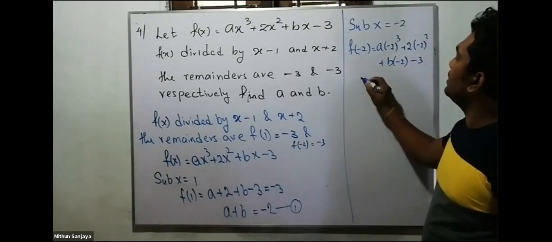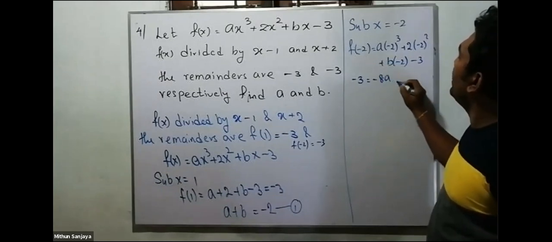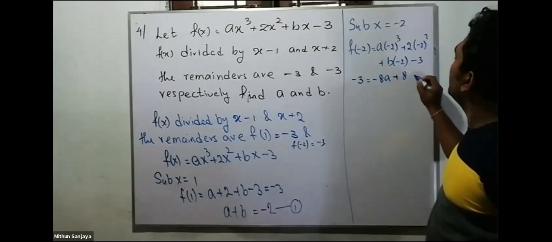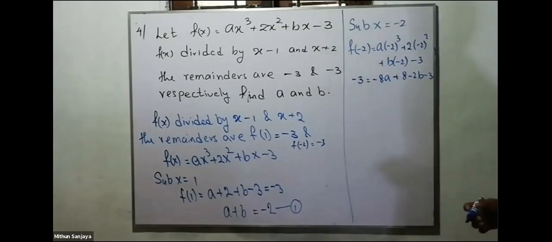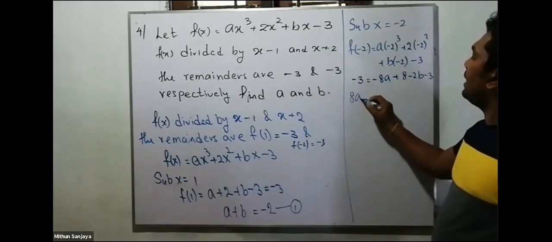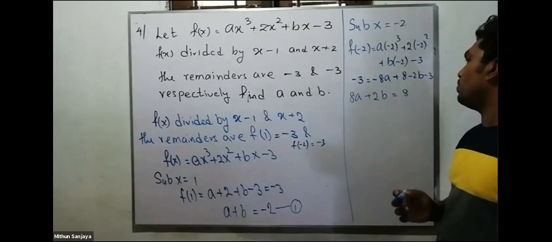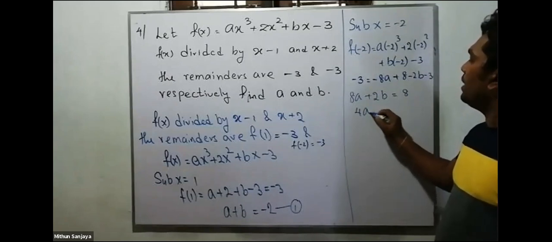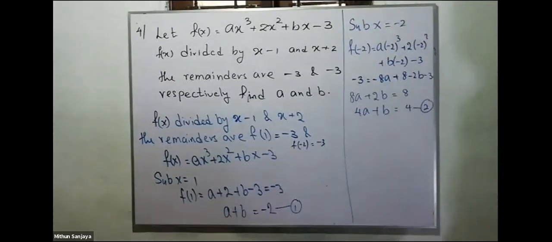Then it is minus 3 equal, here minus 8a plus 8 minus 2b minus 3. Here we have the equation 8a plus 2b equal 8, and also we can divide by 2, 4a plus b equal 4. This is the second one. Okay, now we have two equations, a plus b equal minus 2 and 4a plus b equal 4.